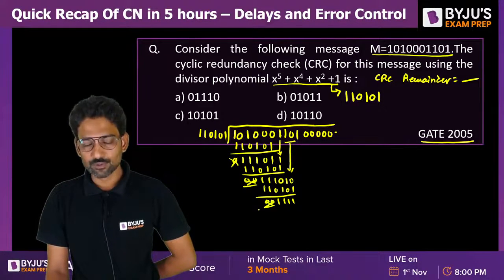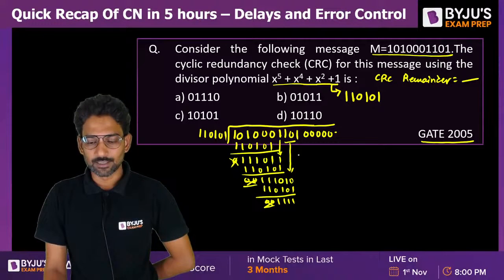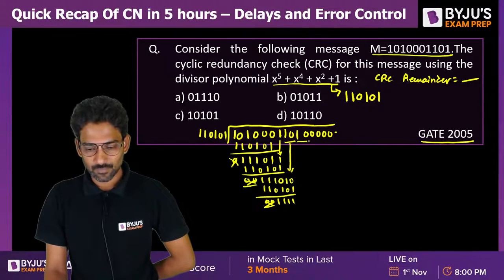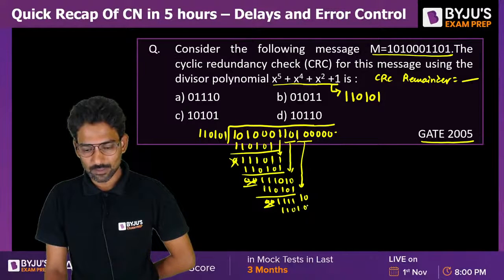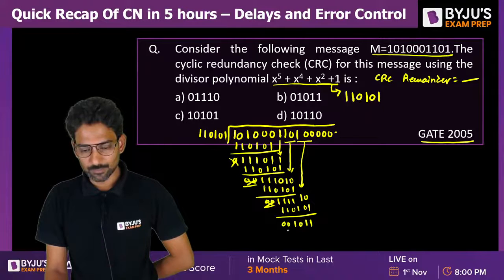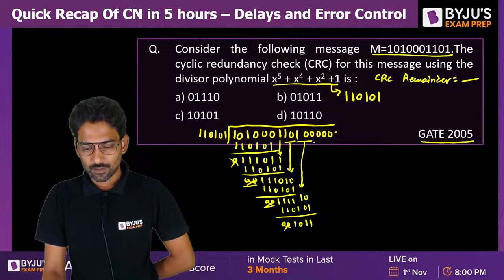Again these 2 zeros I discard, and these 2 I borrow. 10. So 110101, again 001011, I borrow these 2 zeros.